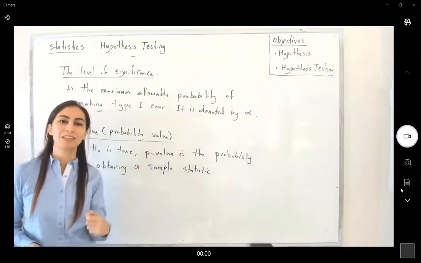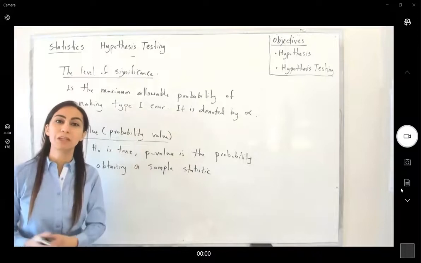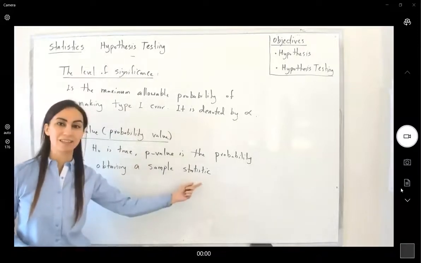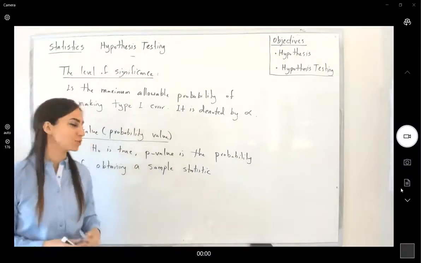If you're dealing with the mean of the population, your sample statistic is the average of the sample and so on.